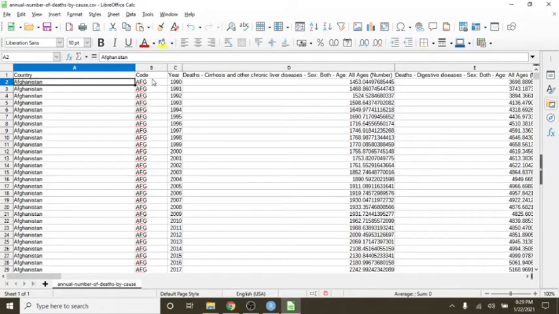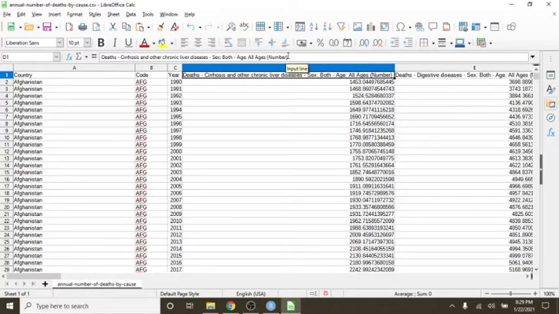The reason is any data that you can remove before you pull it into R is going to save you memory. It's no use bringing in highway deaths if we're only concerned with diseases.